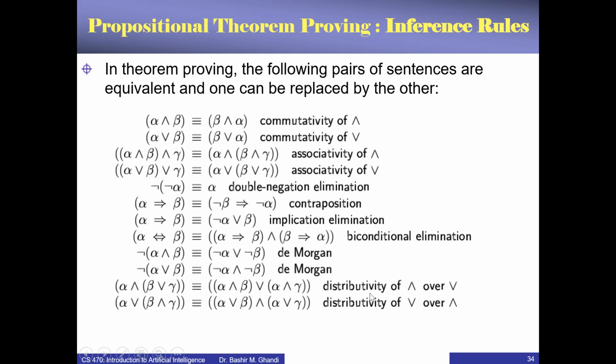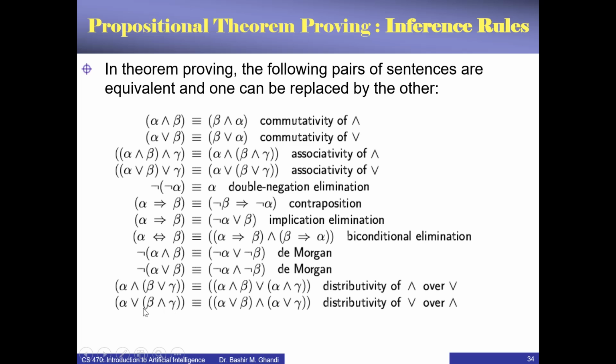And the last two are about distribution. First, distribution of and over or, and then distribution of or over and. Here we have alpha and (beta or gamma). We're going to distribute the and, so we have (alpha and beta) or (alpha and gamma).